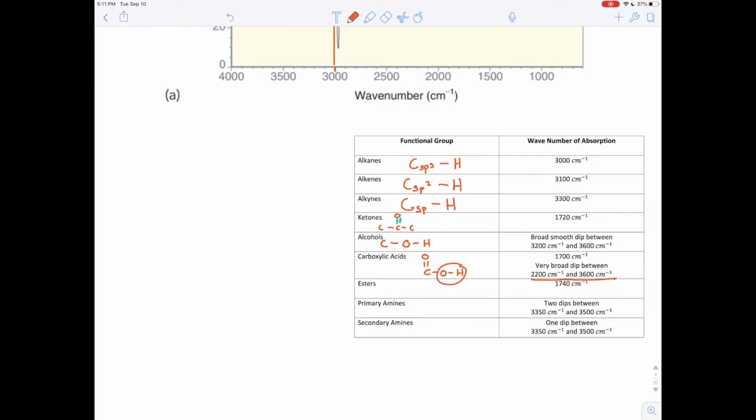So this OH here is a lot like the OH in an alcohol. And you'll notice that the absorptions are really similar. But the carboxylic acid is spread out more. It's 2,200 instead of 3,200. And the reason for that is because carboxylic acids can form twice as many hydrogen bonds, twice as many intermolecular forces as an alcohol can.